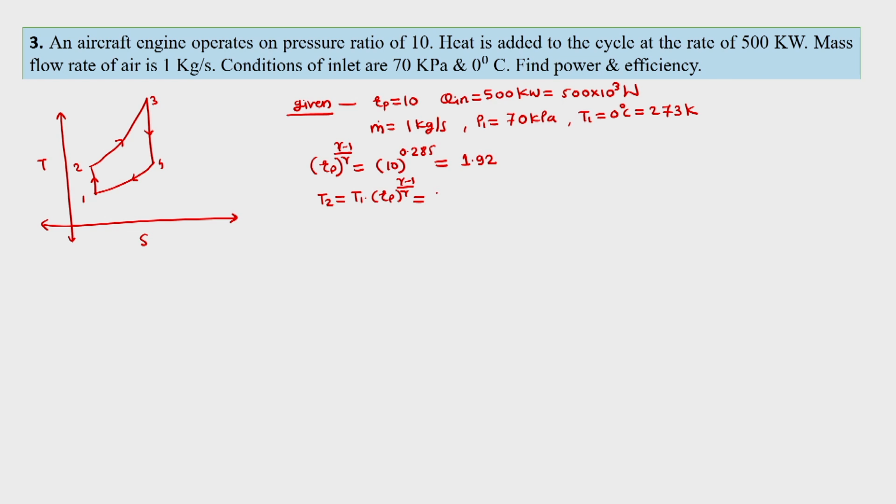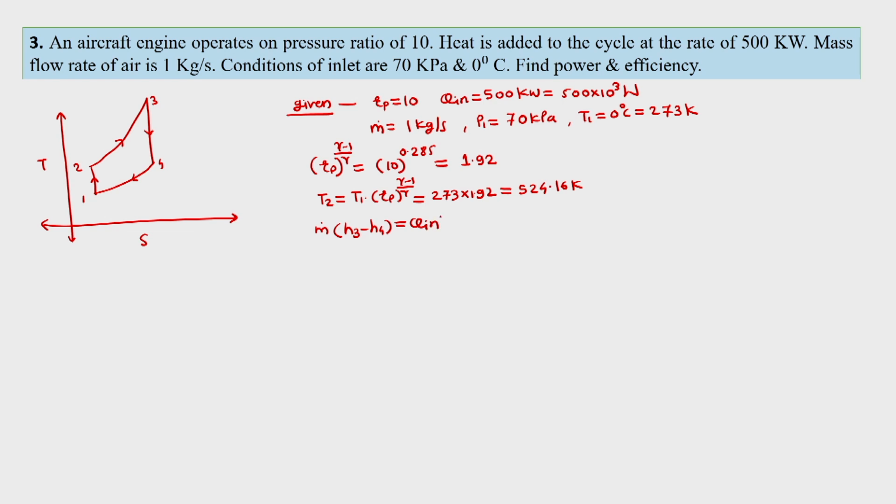So it is 273 into 1.92, and this number turns out to be 524.16 Kelvin.